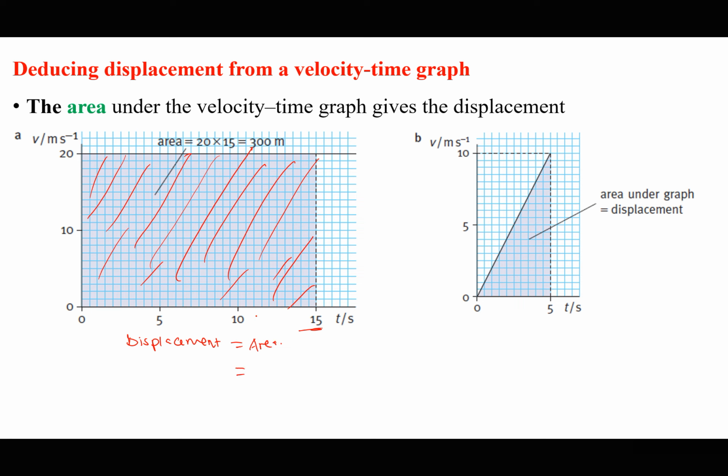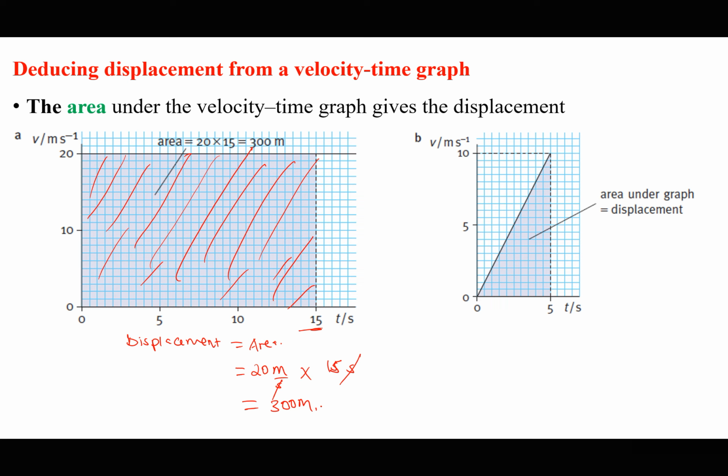In this case, we have 20 meters per second times the time axis, which is 15 seconds. The unit seconds cancels out. So you have 20 meters times 15, which gives us 300 meters.